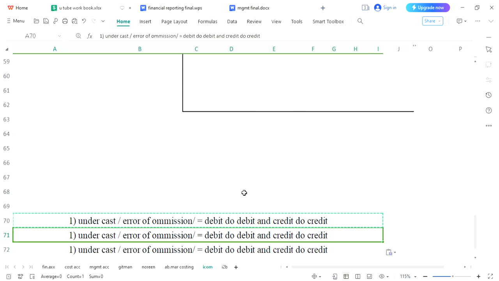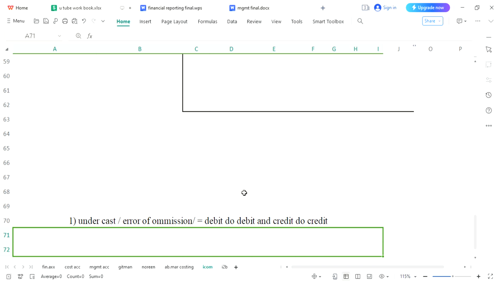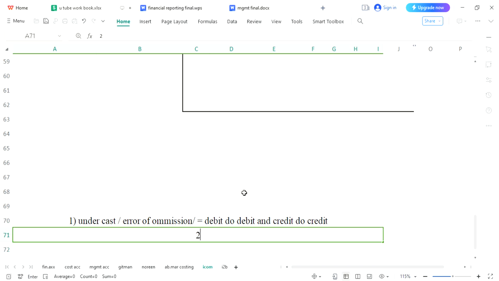Now we will see our second error, and that was overcast, or error of commission or wrong entry.